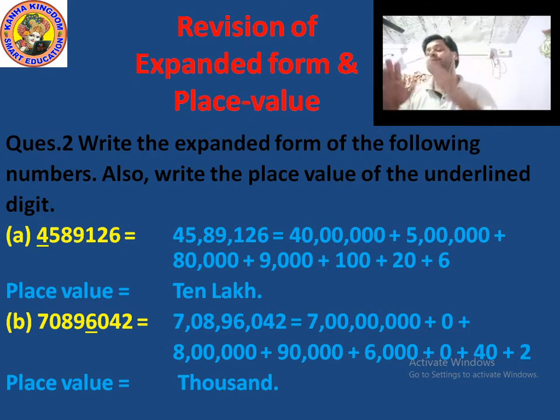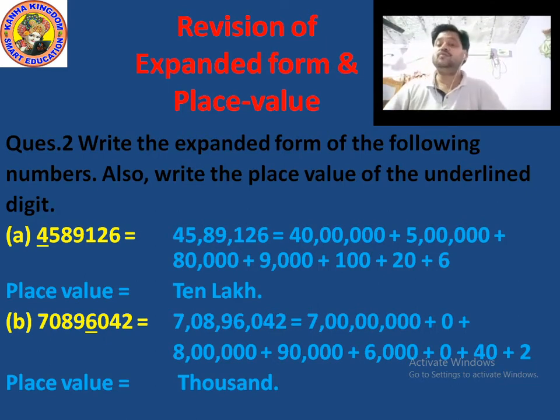Now after 4, which digit? 5. Here you put 5, then comma, and the rest all the digits converted into 0: 5 comma 00 comma 000 plus. Now after 5, which digit? 8. So 8 and the rest of the figures converted into 0. So 80 comma 000 plus.